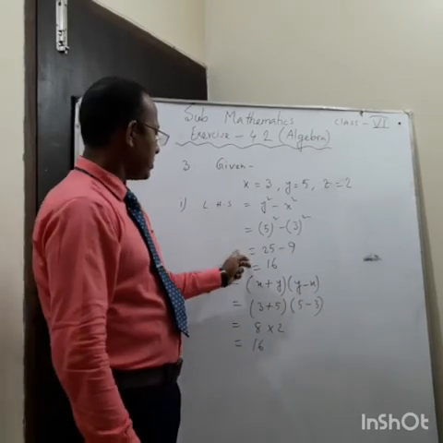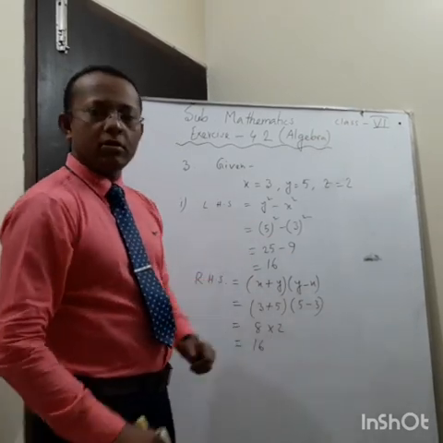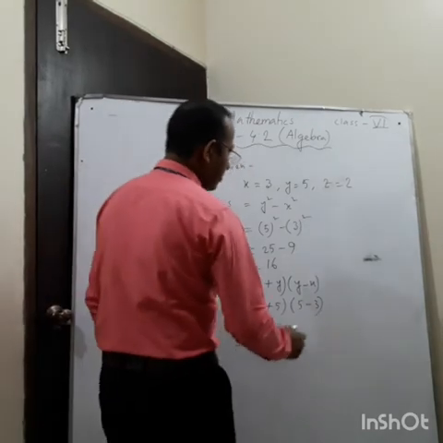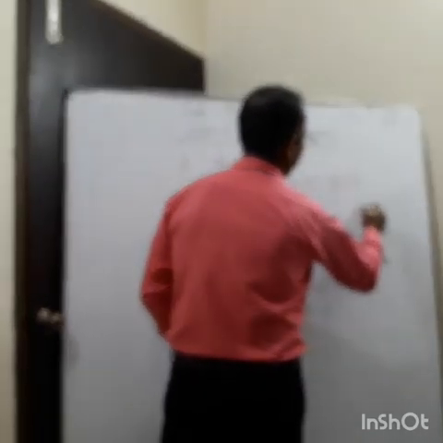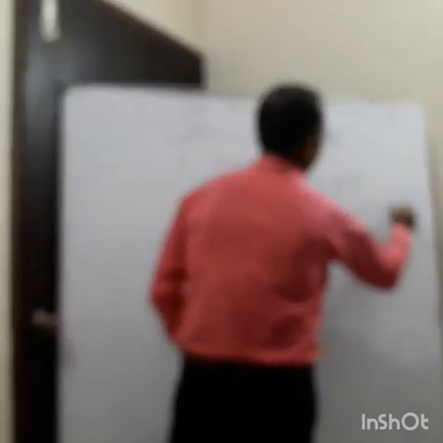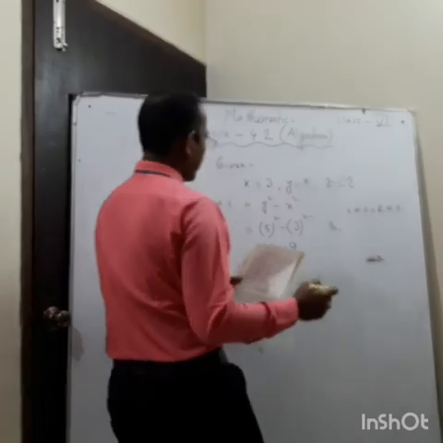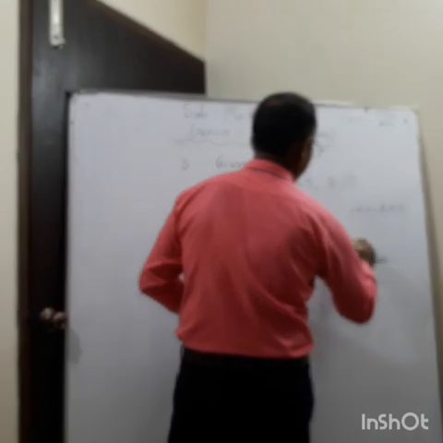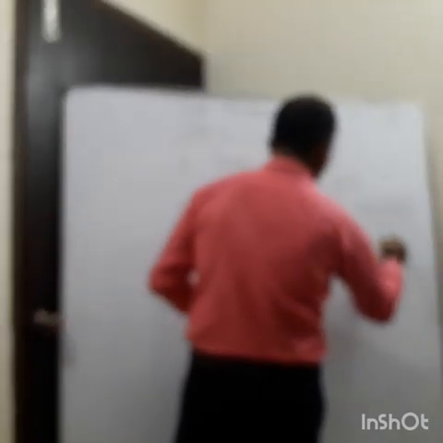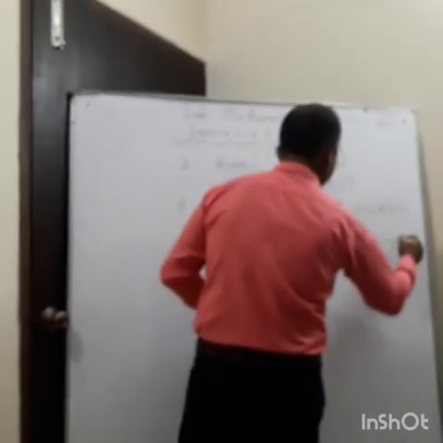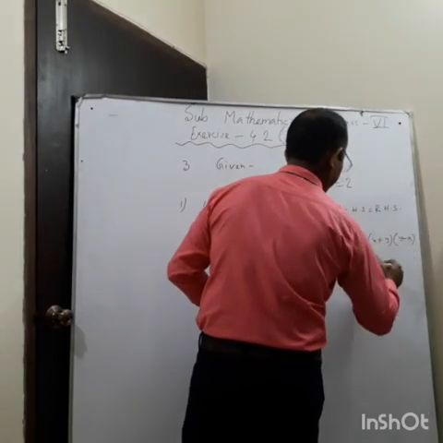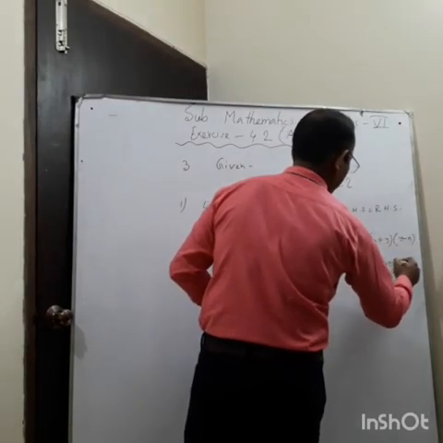That is why left side equal to right side, so it's proved. Therefore left hand side equal to right hand side, so y square minus x square equal to x plus y into y minus x, and hence it is proved.